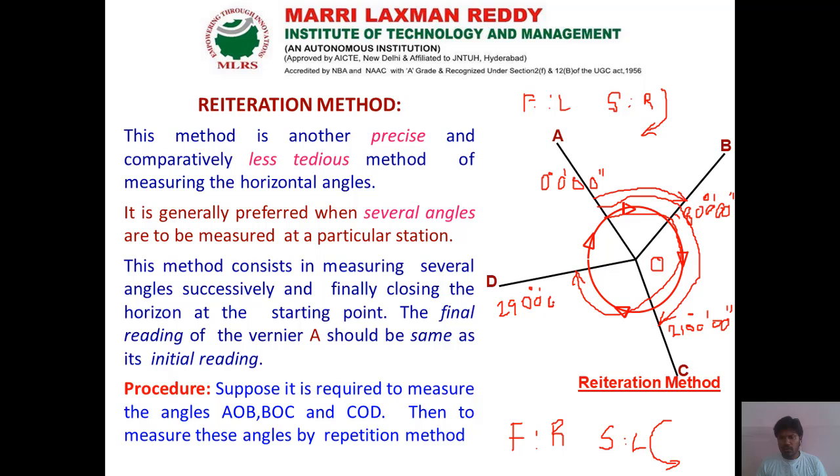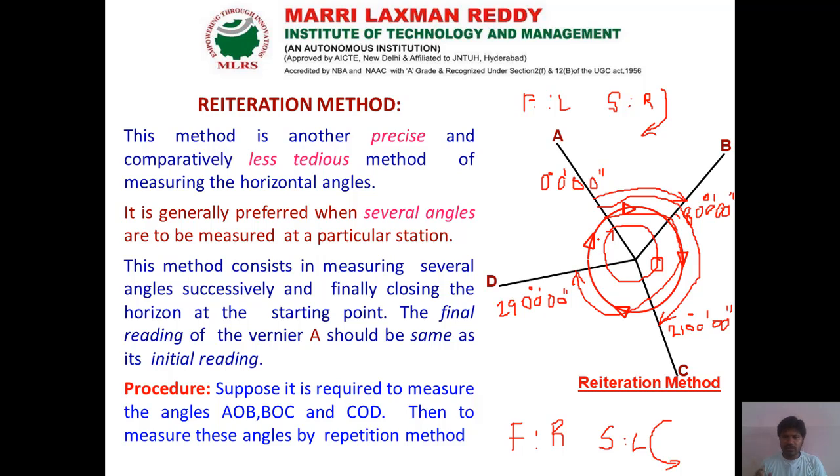So now I have to loosen my upper clamp screw and focus and bisect the point A, so that I get the horizontal angle as either 360 degree or 0 degree.